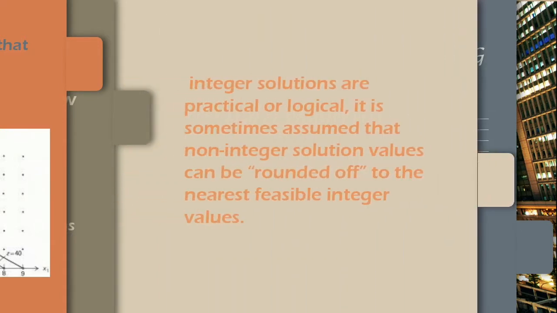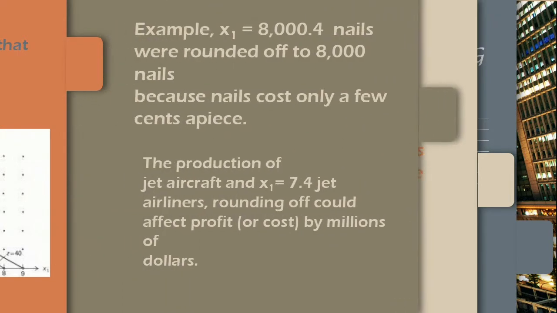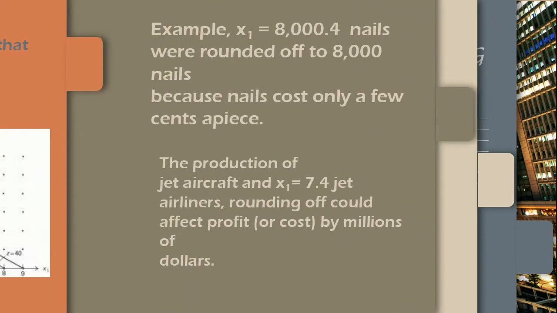When only integer solutions are practical or logical, it is sometimes assumed that non-integer solution values can be rounded off to the nearest feasible integer values. This method would cause little concern if, for example, x sub 1 equals 8,000.4 nails were rounded off to 8,000 nails, because nails cost only a few cents apiece.